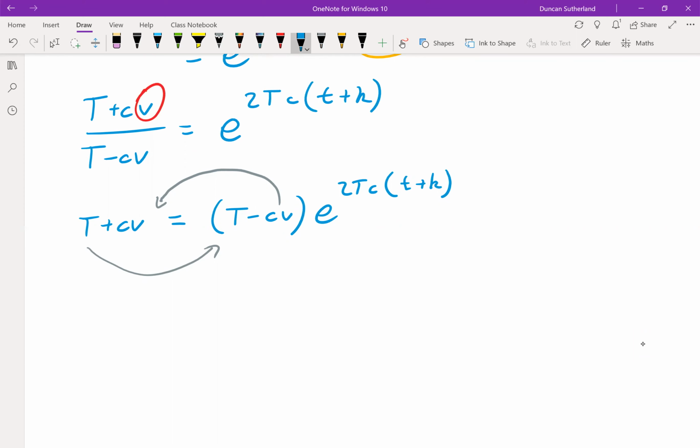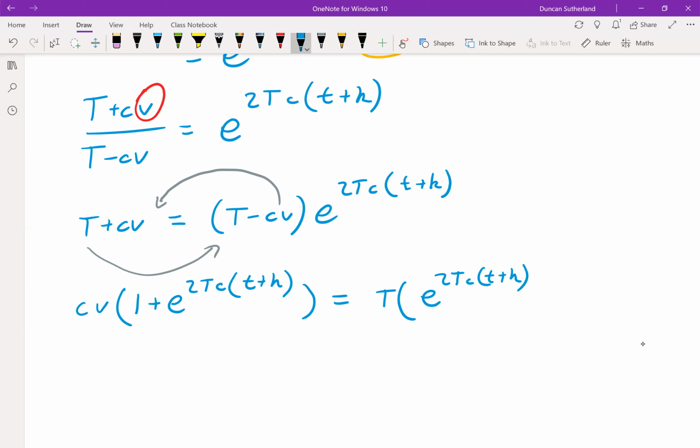We've just got to keep track of all our factors. CV, we're going to get a plus on this side. So we're going to get 1 plus e to the 2TC T plus K. Then on this side, we're going to get equals T into e to the 2TC T little t plus K minus 1 from that factor there as it goes over this side.